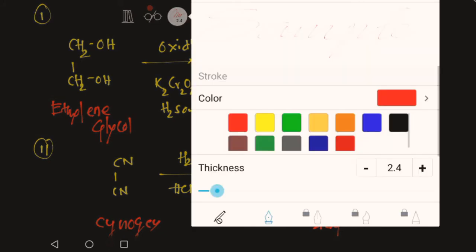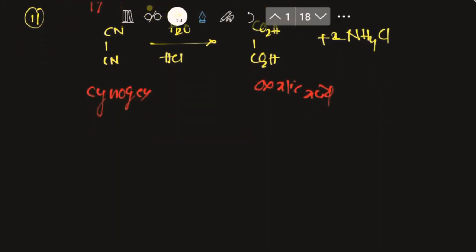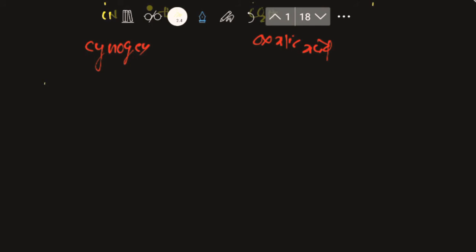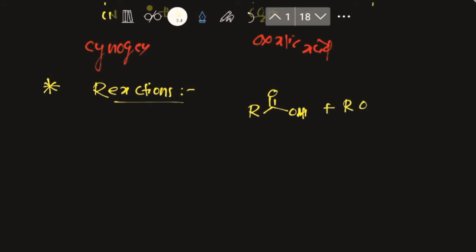The next part is the chemical reactions: how oxalic acid participates in different reactions. The first reaction is esterification. You know what esterification is: any carboxylic acid combined with alcohol loses water, hydrogen from the alcohol and OH from the carboxylic acid, and forms an ester, RCOOR.